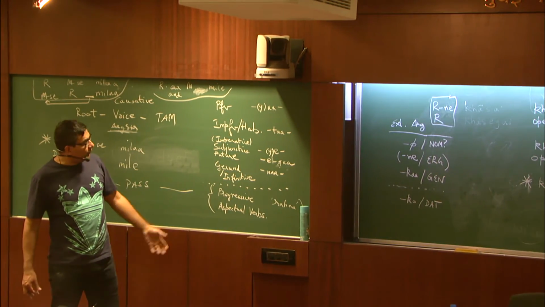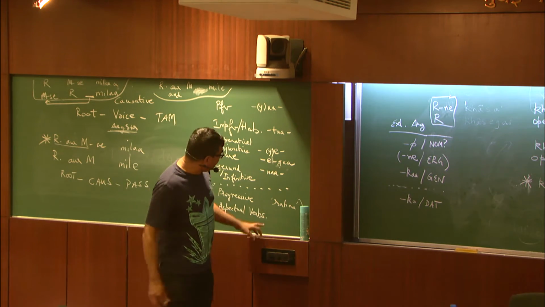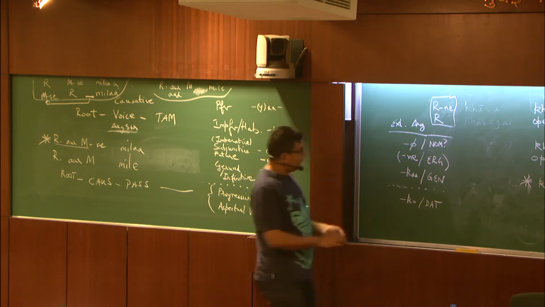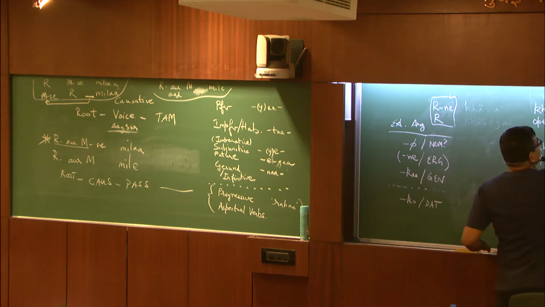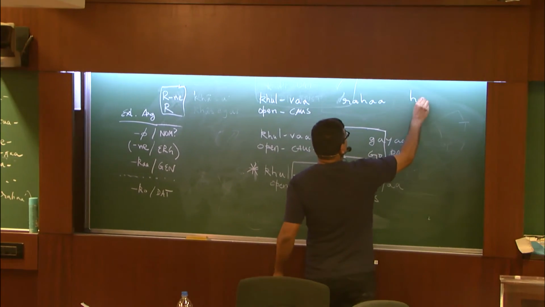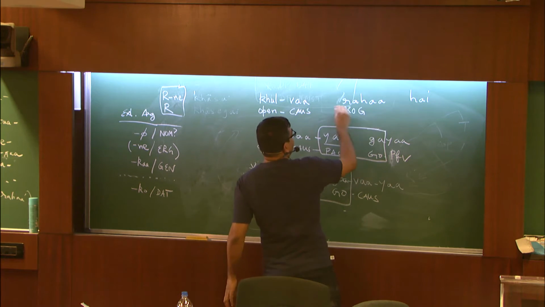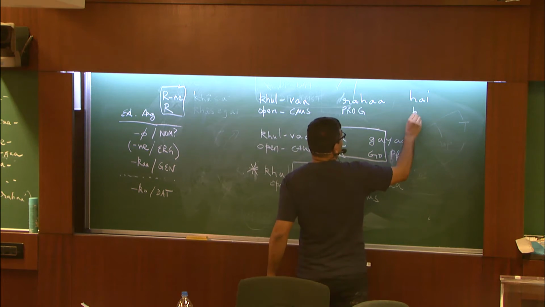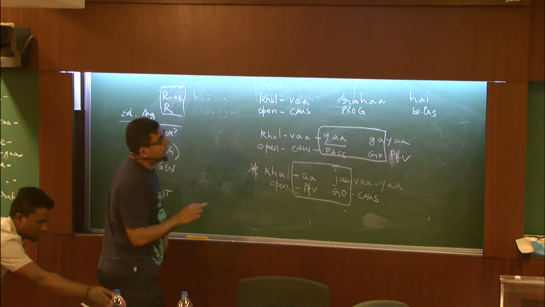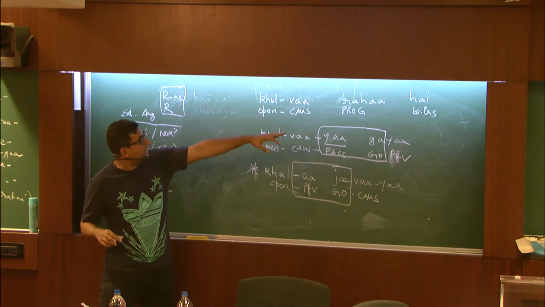A good example, since we are looking at it right now, let's try raha. So khulwa raha. This is progressive and be present. Okay, so what was our sentence? Ram chor se darwaza khulwa raha hai.